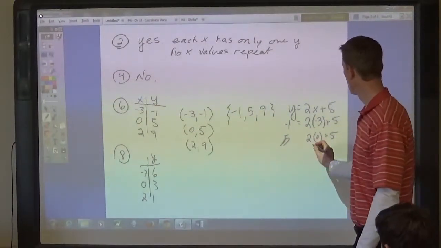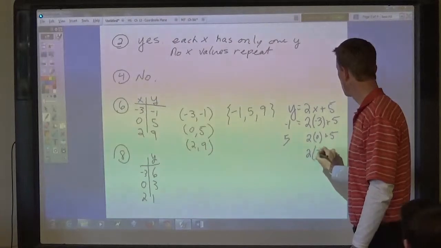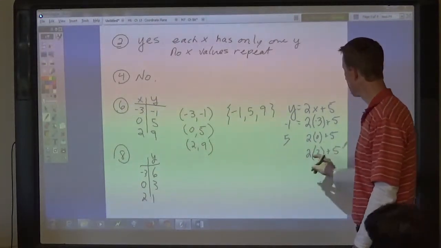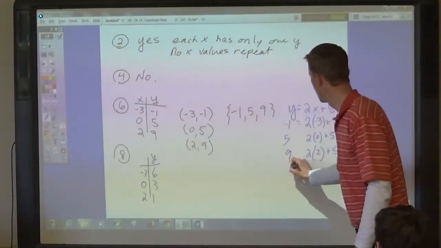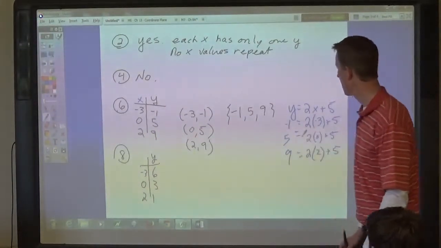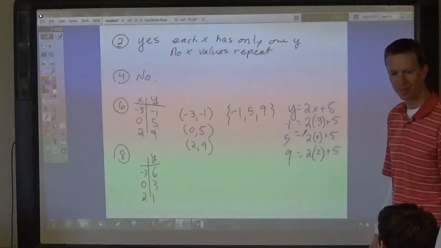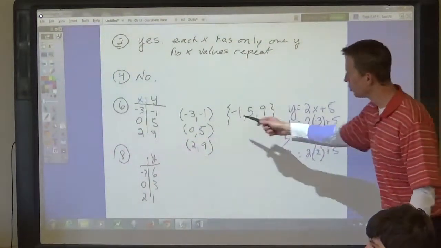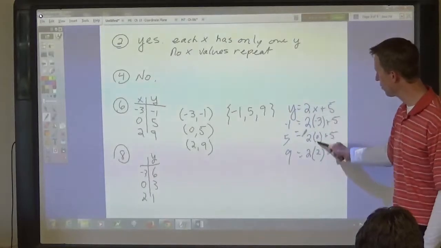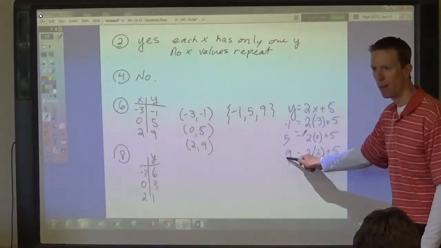Then put in 2. 2 times 2 plus 5 is 9. And then write the answers. Okay? It's that simple. It's just substituting in the values for x to find y.